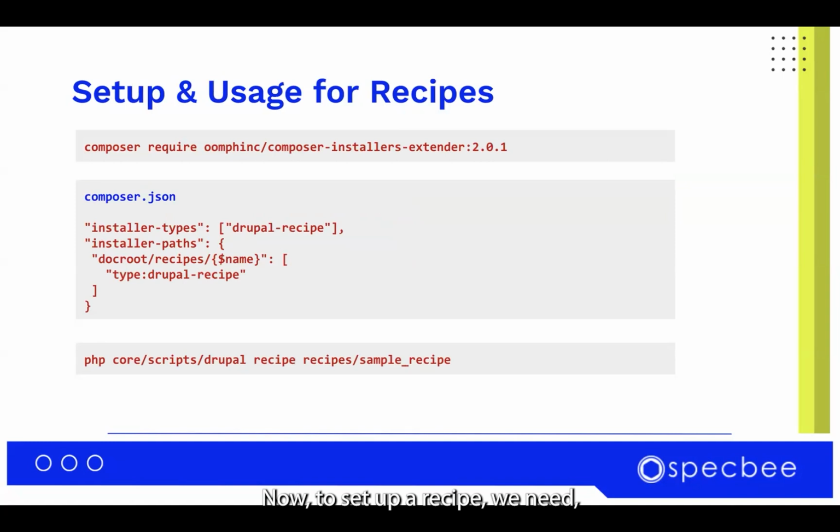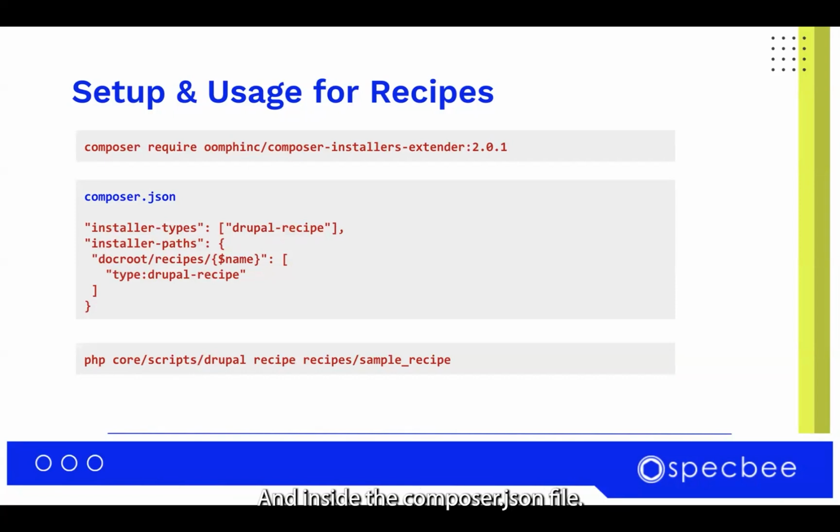Now to set up a recipe, we need a composer package, that is the composer installers extender. So in a Drupal site, we need to require this composer package to allow Composer to detect Drupal recipes.